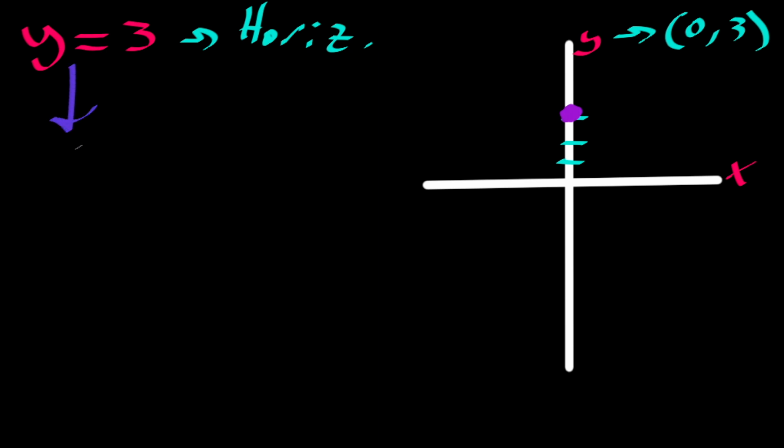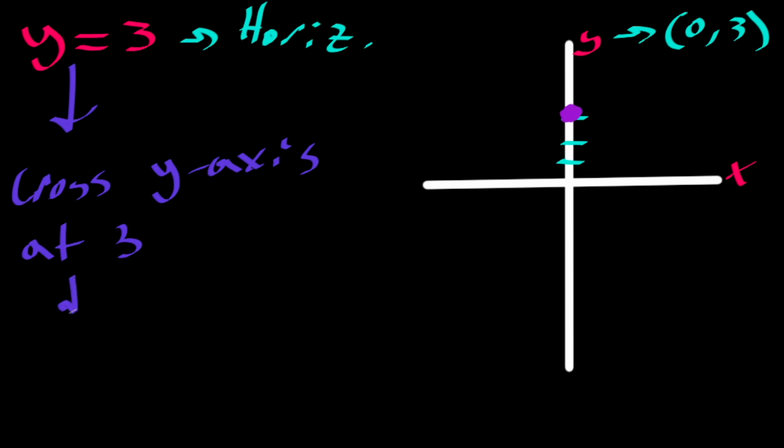The way we want to think about this is, I want to intersect the y-axis at 3. However, I want the y-axis and the new line I make to be perpendicular, which means they look basically like a cross.